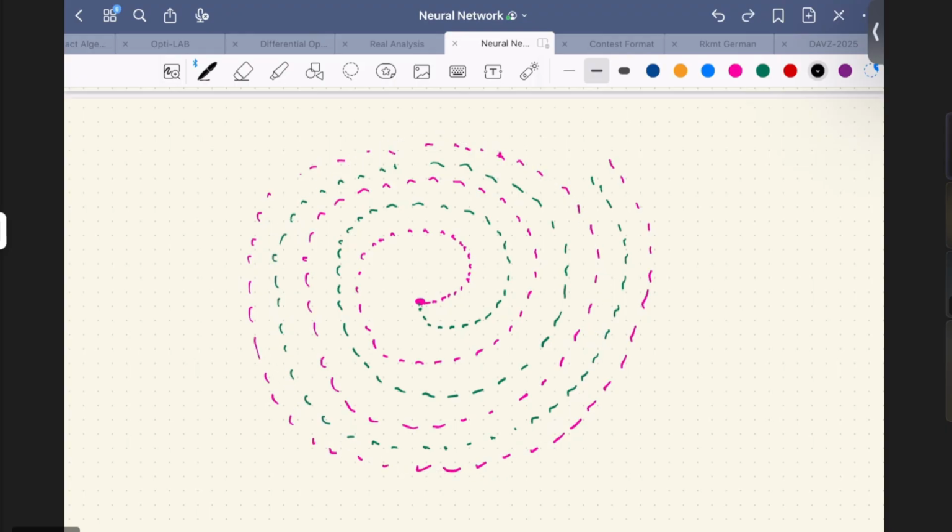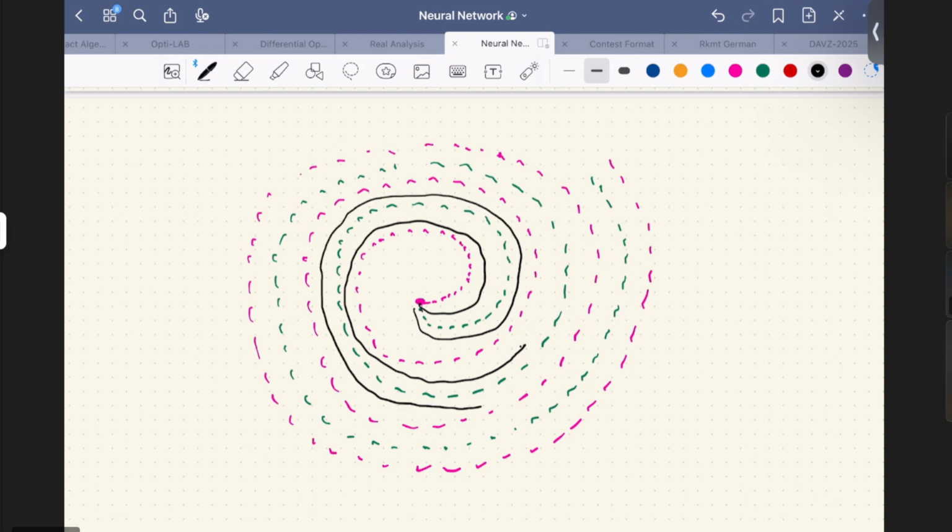Oh, sorry, like this. Is it clearly separating them out? How many layers, how many things will be required? There should be two things, sir. Two layers.